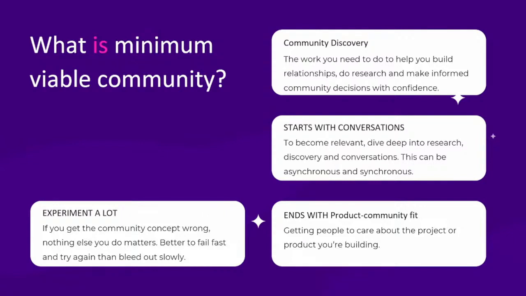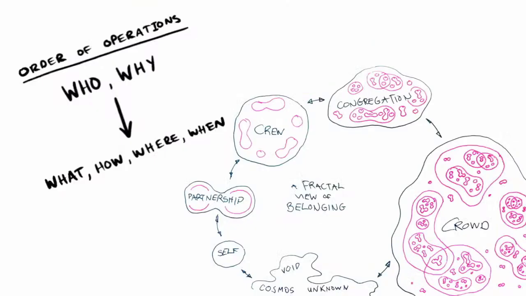So the process ends with, the goal is product community fit. People talk about product market fit, but there's also this idea of having a set of individuals who care about your vision, your values, and can interact with each other around your product and the value that it brings. Something else that Ben is always saying is build small to build big.